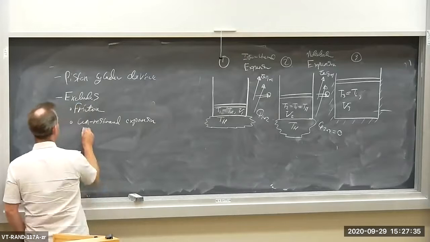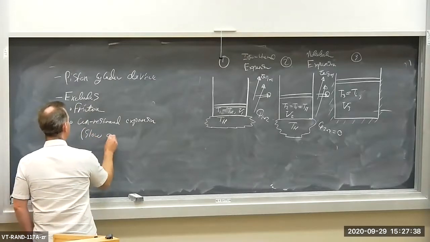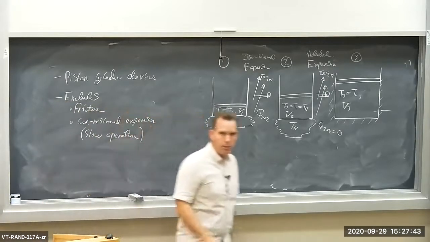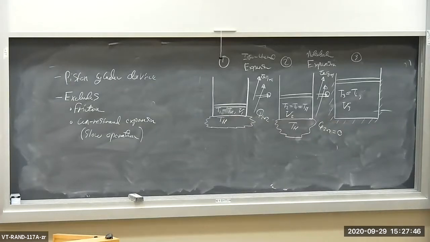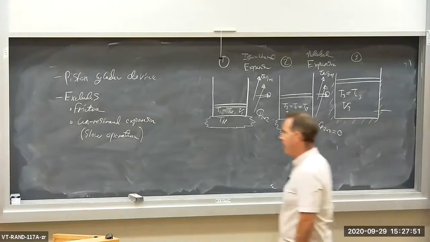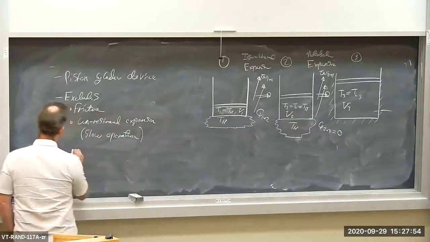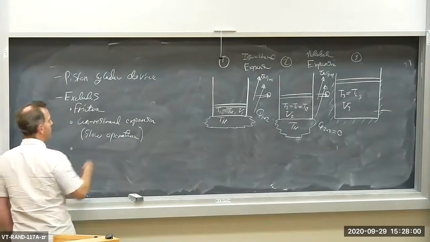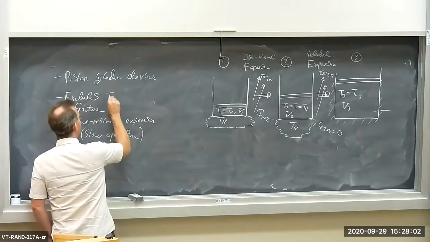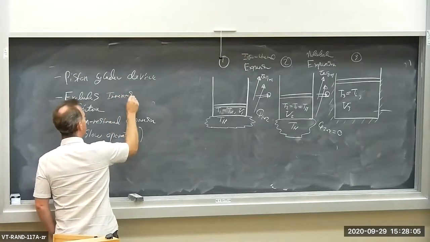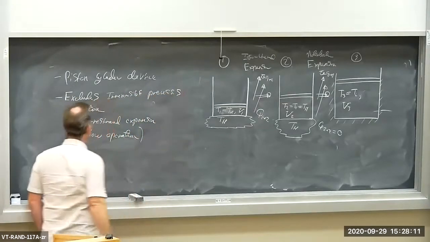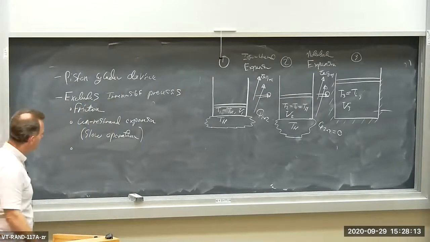What I mean by that is slow operation. How slow? Extremely slow. So slow you can't see the piston moving. That slow. And it also excludes the third form of irreversibility. So I'll write here, excludes irreversible processes. And what I mean by that is processes including friction, unrestrained expansion.